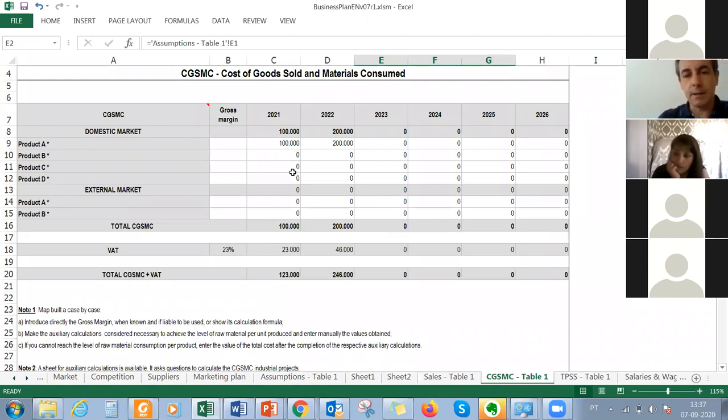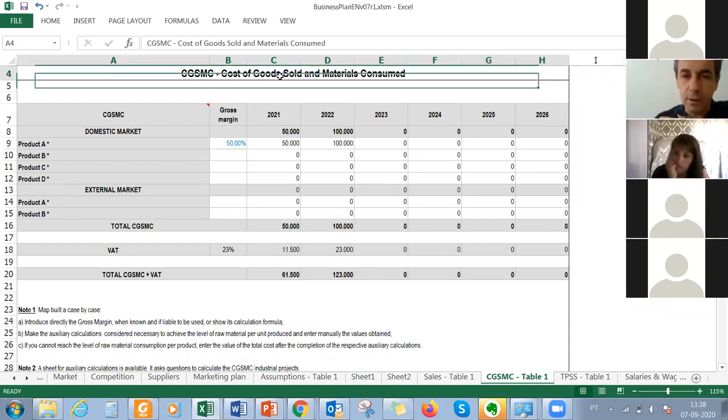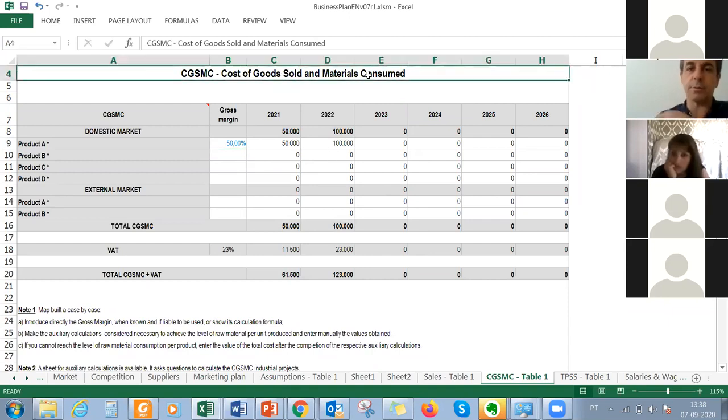This will be done by a simple percentage. You estimate a simple percentage for the gross margin. So 50% is direct costs related to goods or materials that will be incorporated or consumed while producing bread, while producing milk.